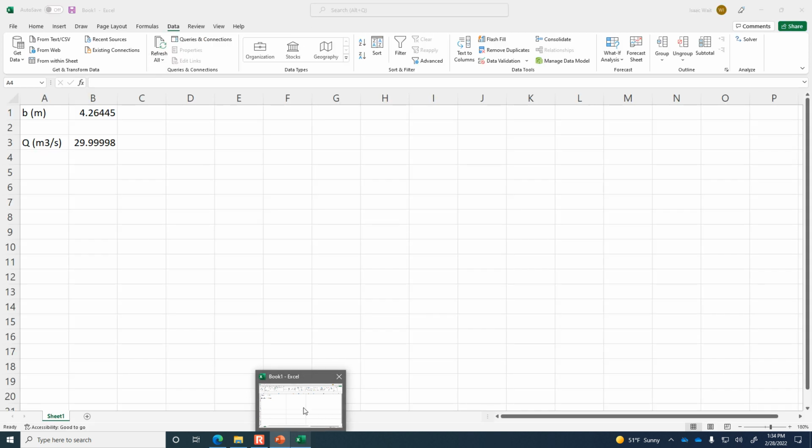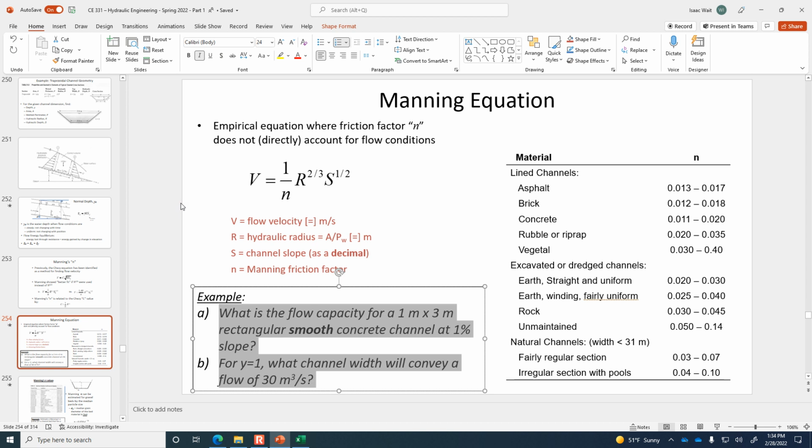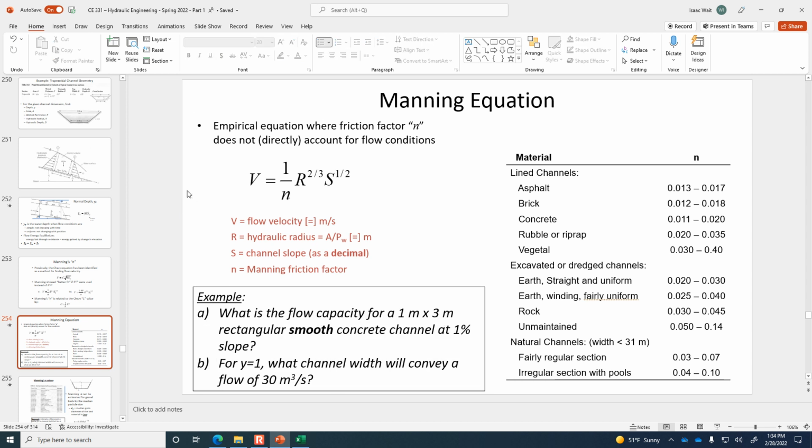Okay, so here's Manning's equation. I may ask you to solve for any one of these variables. Now, I could say, like in part A, what's the flow rate for a channel of known width? You want to limit it to a certain depth. We know the slope of the channel and the roughness. Find Q. Or I could say, I know the flow rate I want to send through this channel, and I know what the geometry is going to look like.